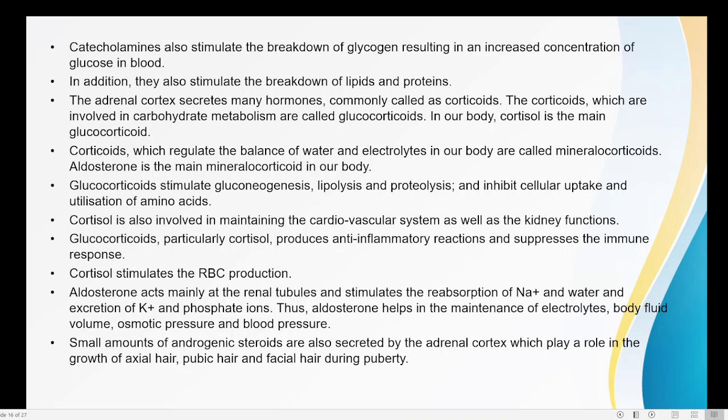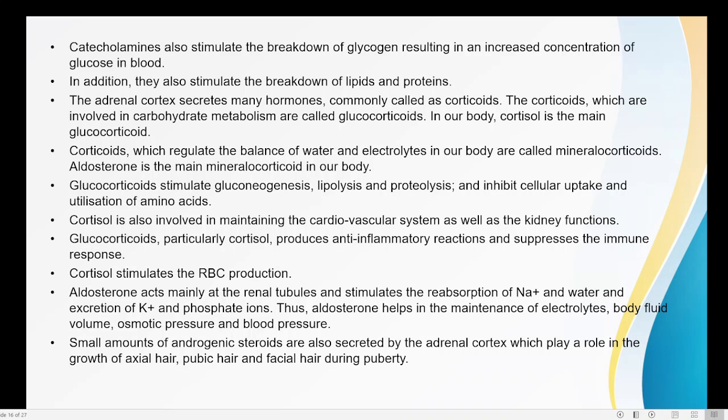So glucocorticoids control glucose metabolism. Example is cortisol. Mineralocorticoids will be controlling the balance of water and salt in your body, and the main example is aldosterone. Aldosterone is the main mineralocorticoid in our body.